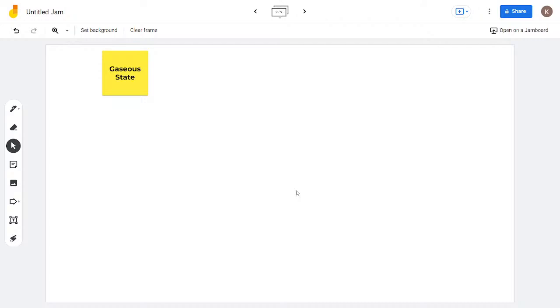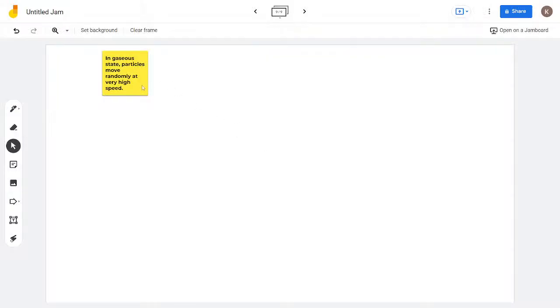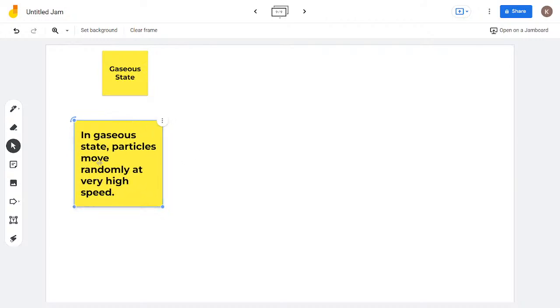So in the gaseous state, the particles move about randomly at very high speed, and because of that movement the particles hit each other and also the walls of the container.